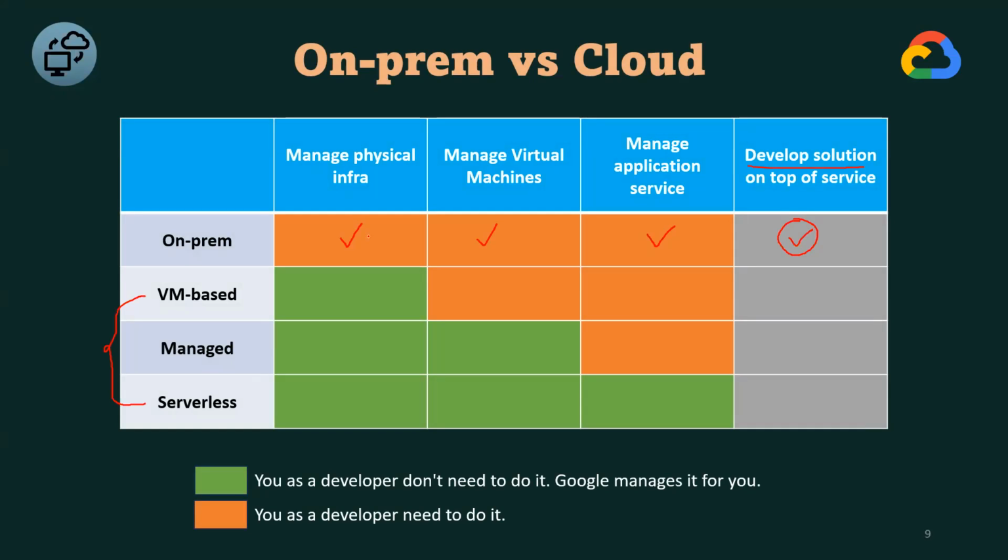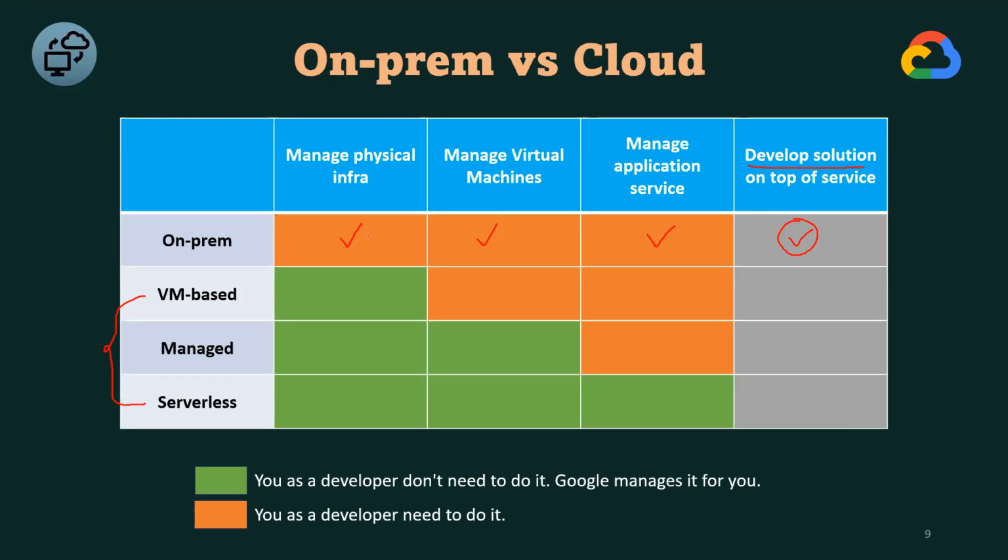Then, for example, if you are developing a Java application, you have to install the Java dependencies and then install the Java application. On top of the Java application, you write your own code for your requirement. So this is what happens.